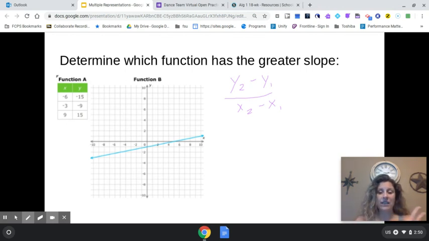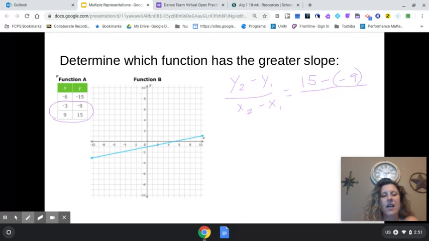I only need 2, so I'm going to pick these bottom 2 points, the -3, -9, and the 9, 15. Let's go ahead and plug those into the slope formula. So the second y value is 15, minus the first y value is -9, over the second x value is 9, minus the first x value of -3.